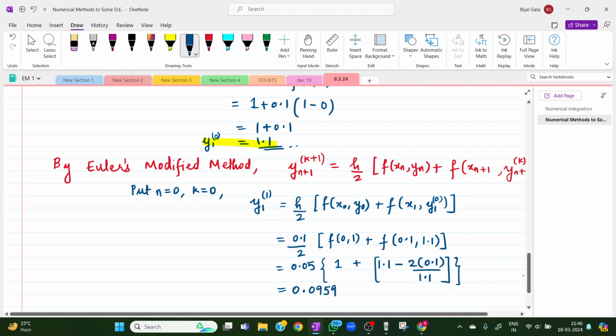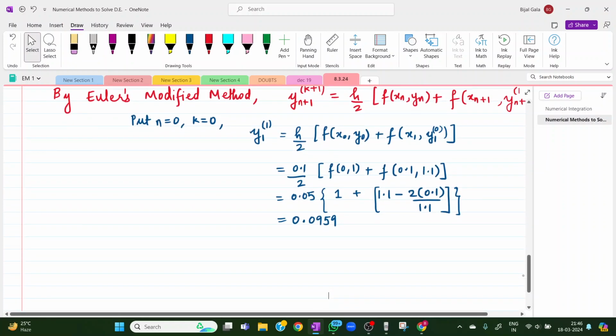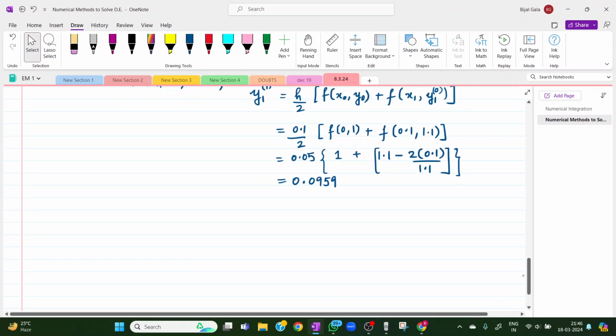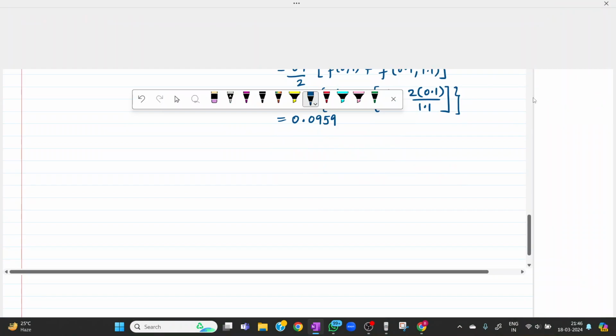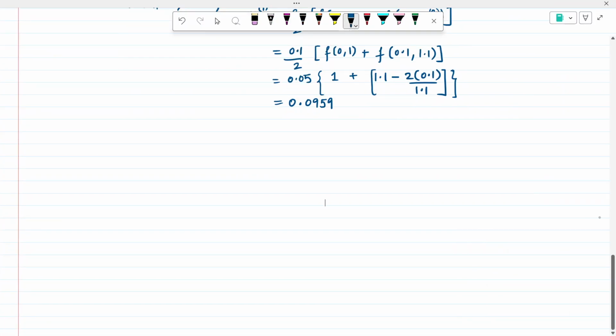So that's your first value of y1, means first approximation of y1, okay? First iteration we can call it. Now we'll have to again use Euler's modified method, but this time k की जगह 1 डालेंगे. Okay, you will use k is equal to 1 and give me a minute.